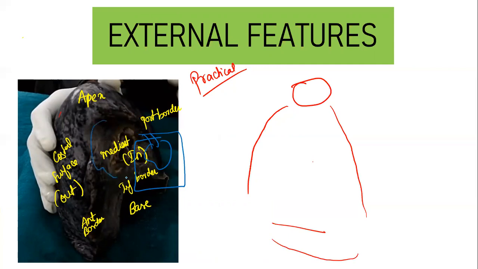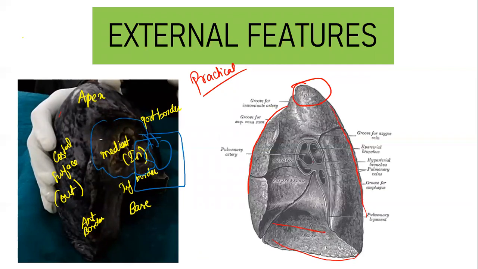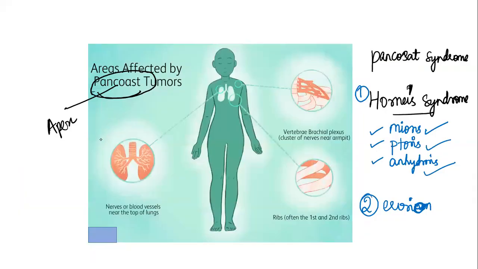This surface is in contact with the mediastinum, so it has impressions of so many mediastinal structures because it is in close contact with the mediastinum. That is what we are seeing in this picture.